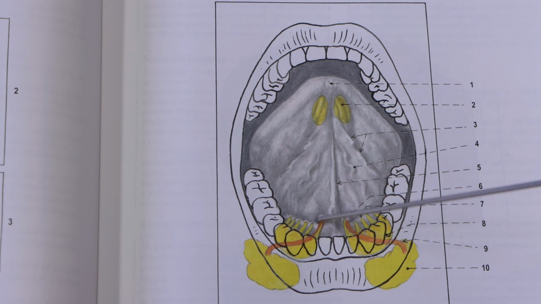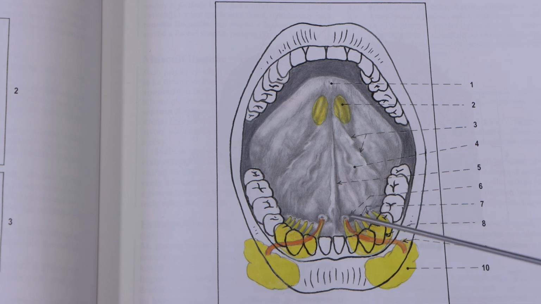It's located on both sides of the lingual frenulum in this region. So the sublingual caruncle is the place for the opening of the submandibular duct plus the major sublingual duct.